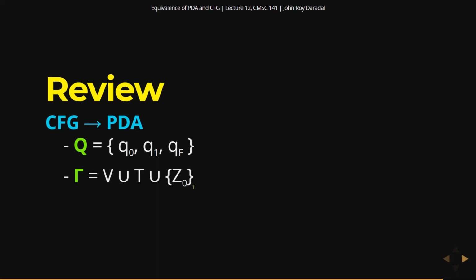So that's it. We have discussed the equivalence of PDA and CFG by showing you that we can convert from a CFG to an equivalent PDA and vice versa. So the steps for CFG to PDA are as follows. You create the states by having 3 states, basically the start state, the work state Q1, and the one final state.